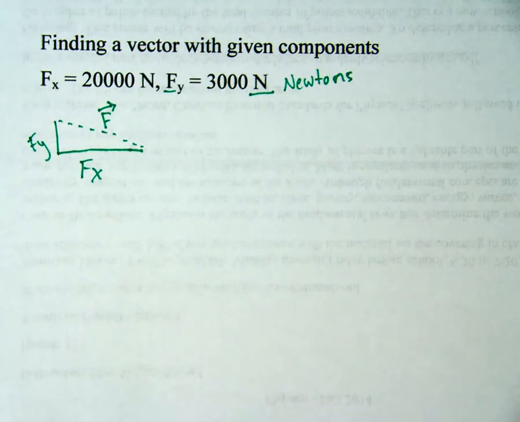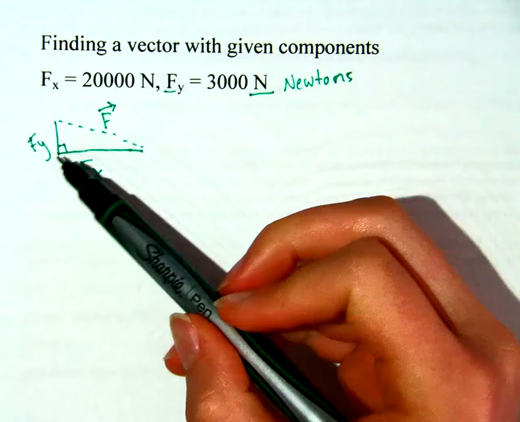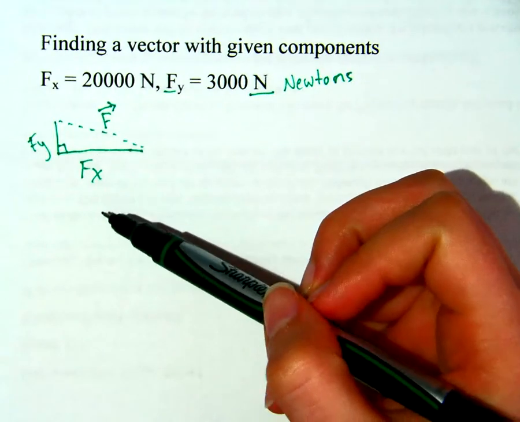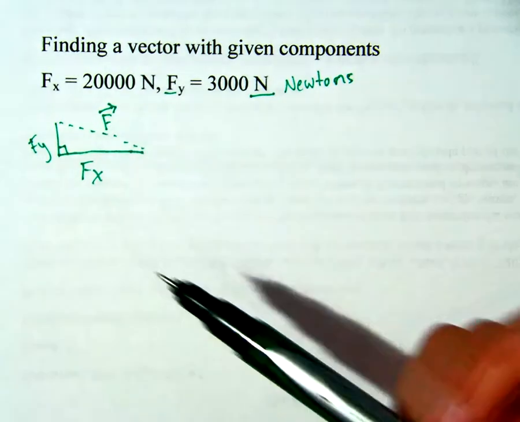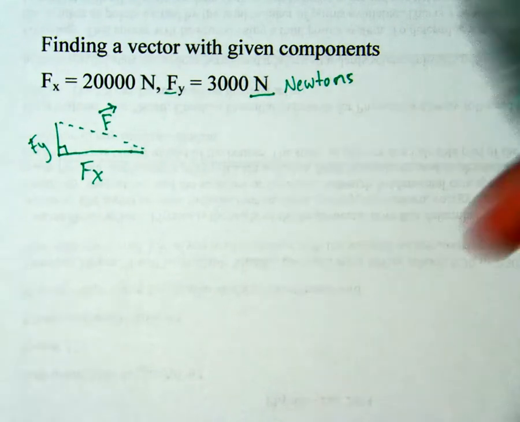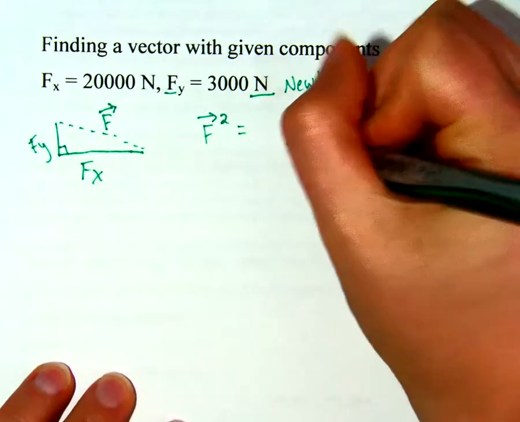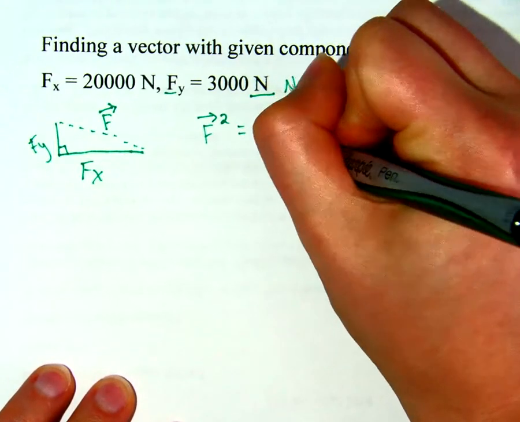Okay. So, because this is a right triangle, and we know Fy and we know Fx, in order to solve for the magnitude of our resultant force vector, we can simply use the Pythagorean Theorem, where the hypotenuse squared is equal to the sum of the squares of the legs.